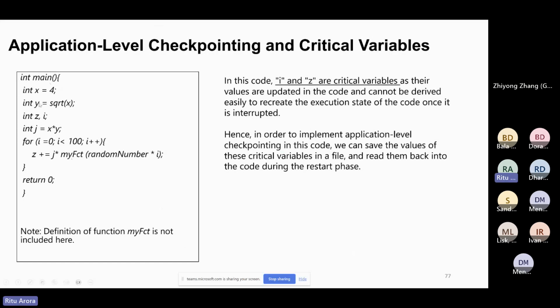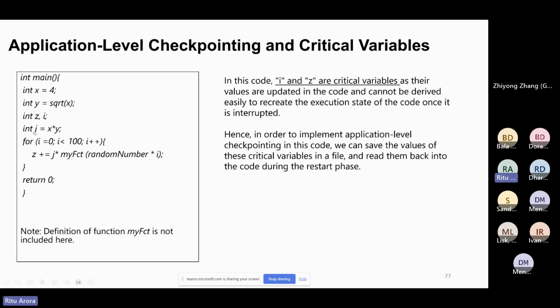So here, x is equal to 4, and when we compute y, the value of y is dependent upon the square root of x. So x we already know is 4. Neither x nor y are critical variables because y is derived from x and x is hard coded to 4. So these should not be our critical variables.